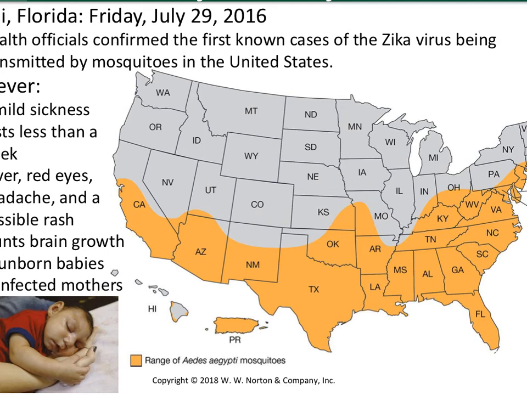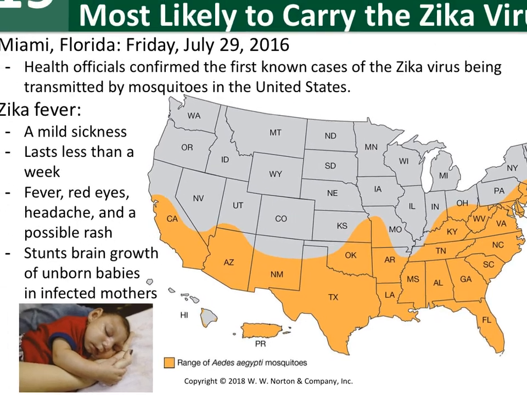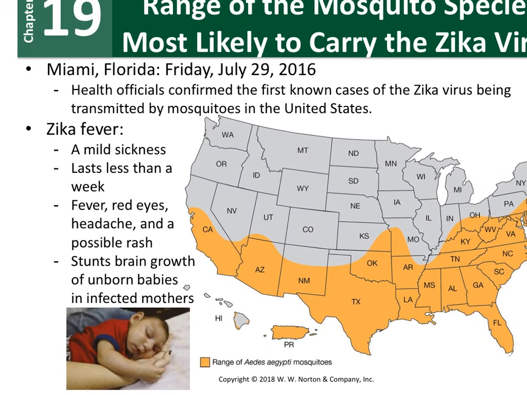And so there was a question of whether Zika was going to actually enter the United States, but it really didn't. There were a few cases of Zika in Florida and Alabama and I think Texas and certainly in Puerto Rico, but that was about it.